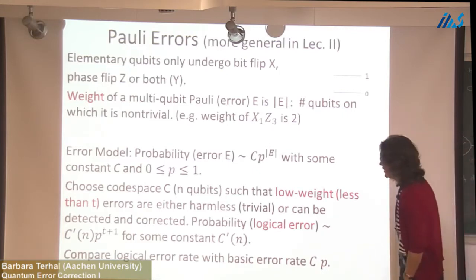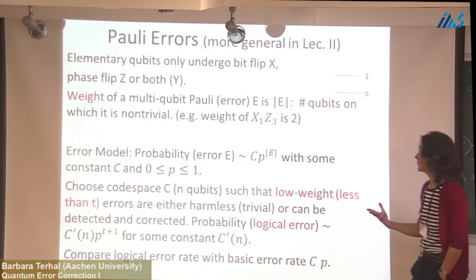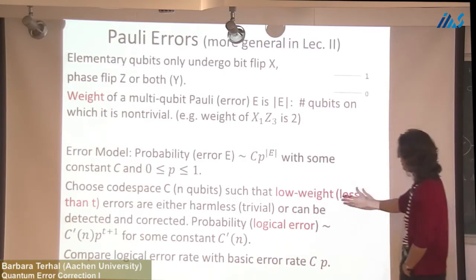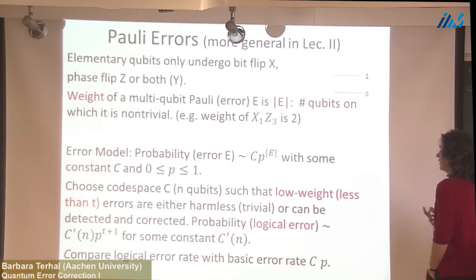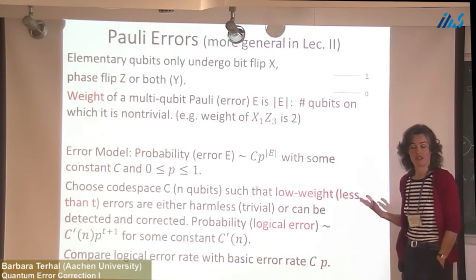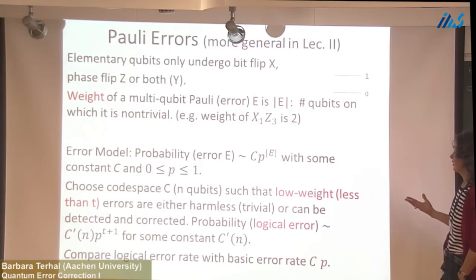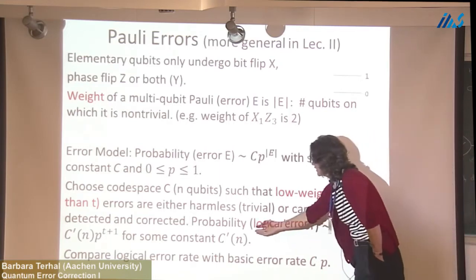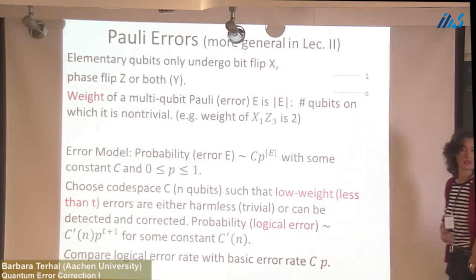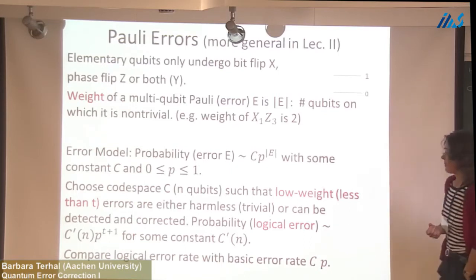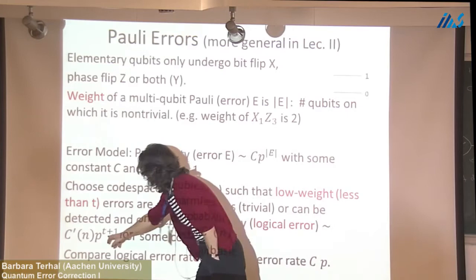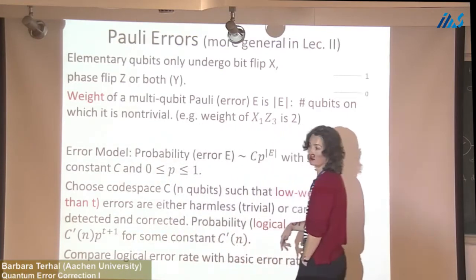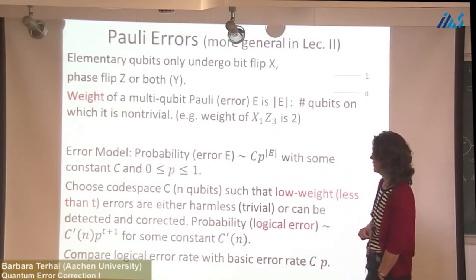Then it's clear that if we encode our data in this code space, and we perform error detection and correction, the only bad errors that we're left with are the high weight errors. So the probability for a logical error on our new encoded qubit should scale as something like p to the t plus 1, because there are only contributions from these high weight errors.